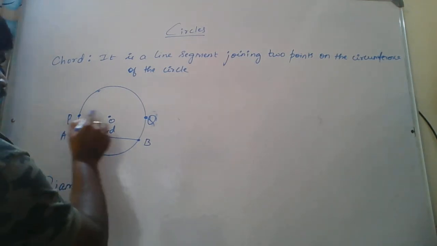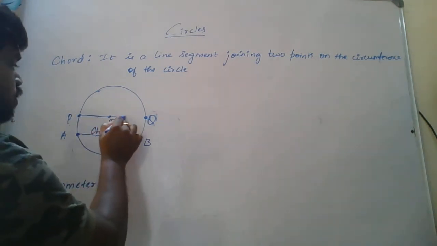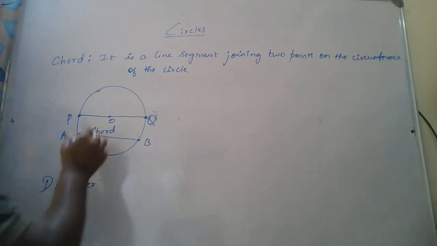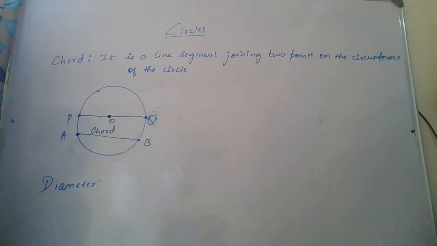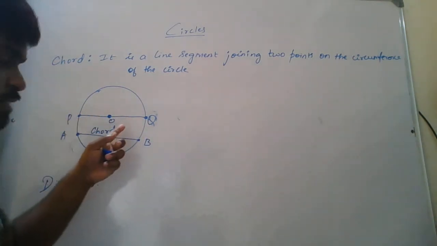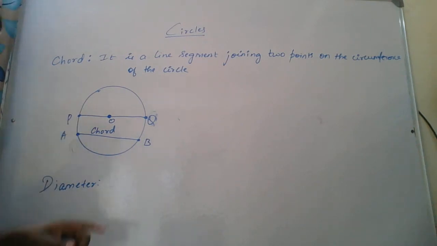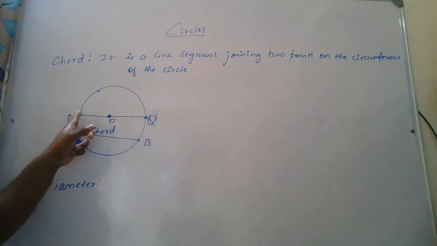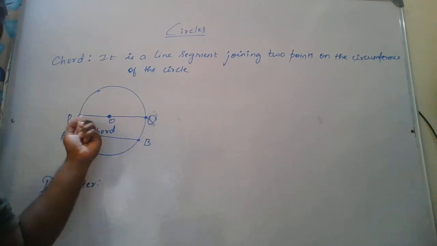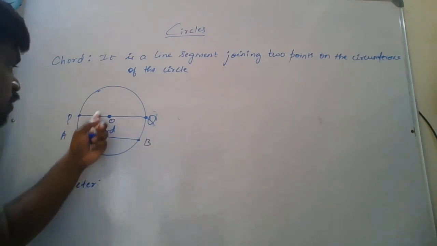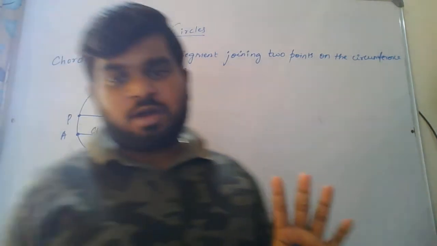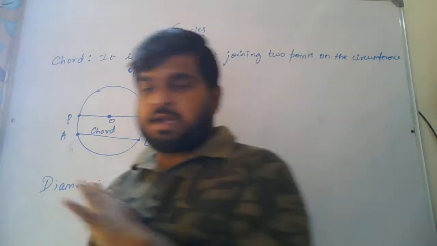Just observe. I'm joining this point P and Q. While joining, it is passing through the center of the circle. So basically, this is a chord. I'm joining 2 points on the circumference, so it is a chord, but it is going through the center. Therefore, this is called with a special name known as diameter.